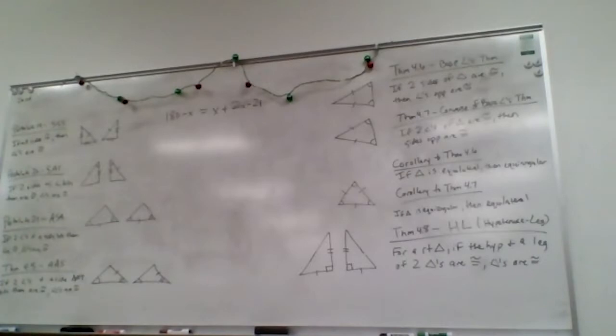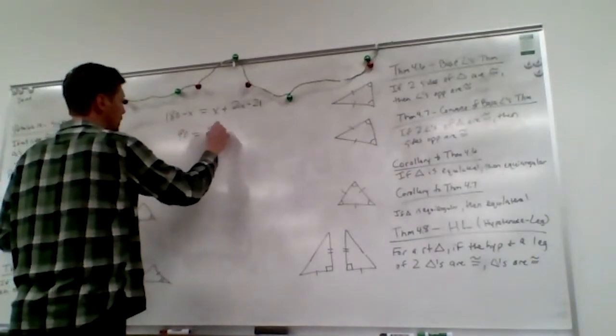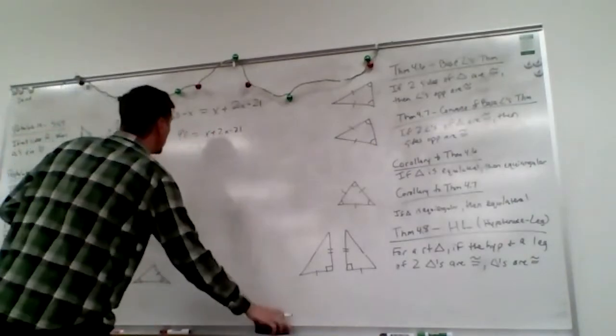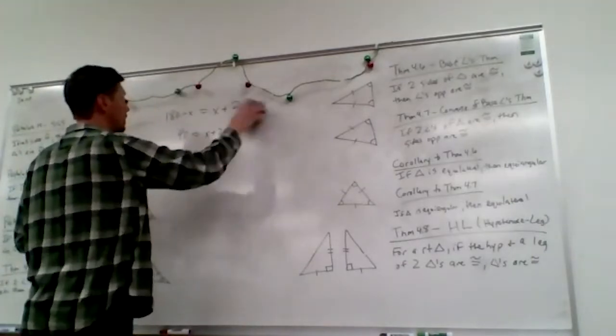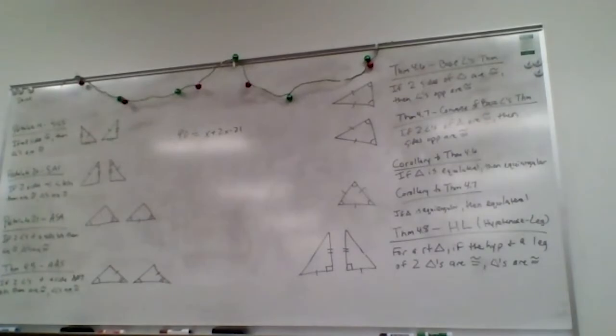Well, what I was saying is that all of the interior angles of the triangle equal 180 degrees, and we know one of the angles is 90, so 90 equals x plus 2x minus 21. What you said would have worked, but we don't even need to look at the exterior angle because all the interior angles have to equal 180.